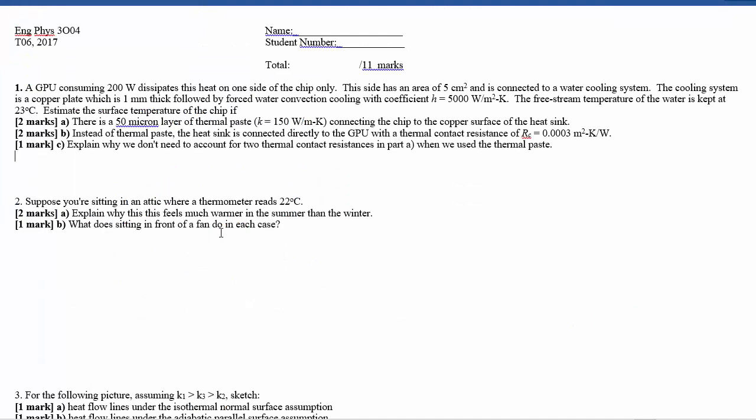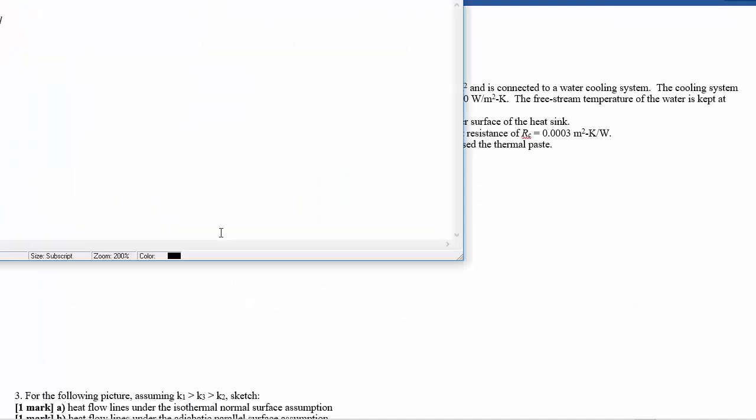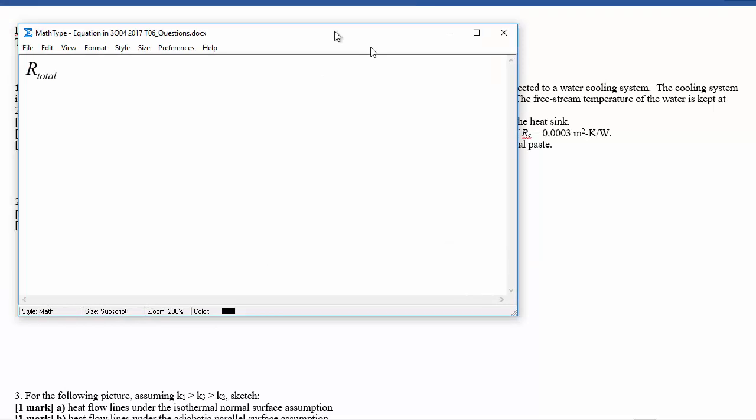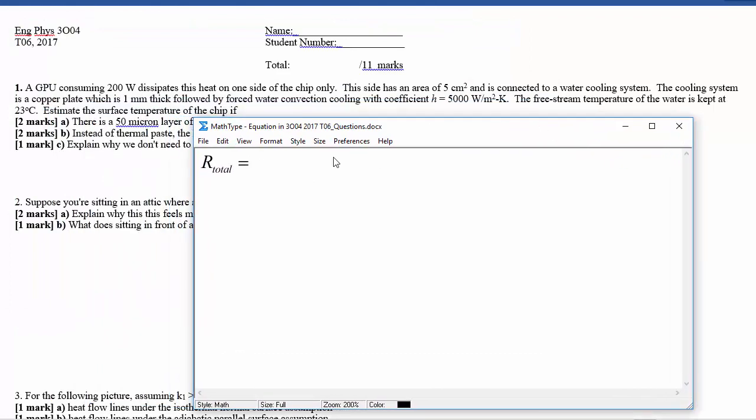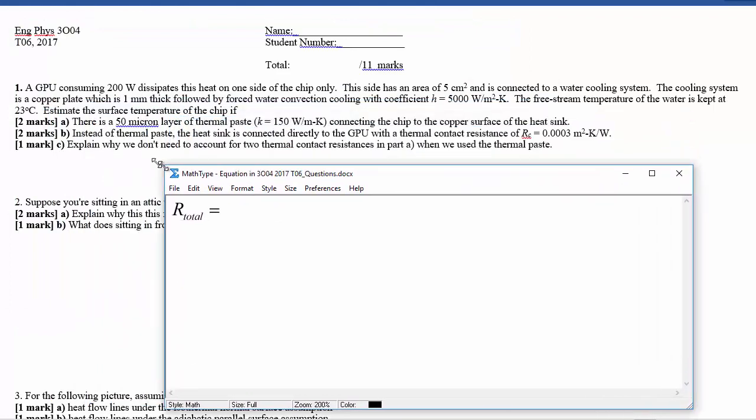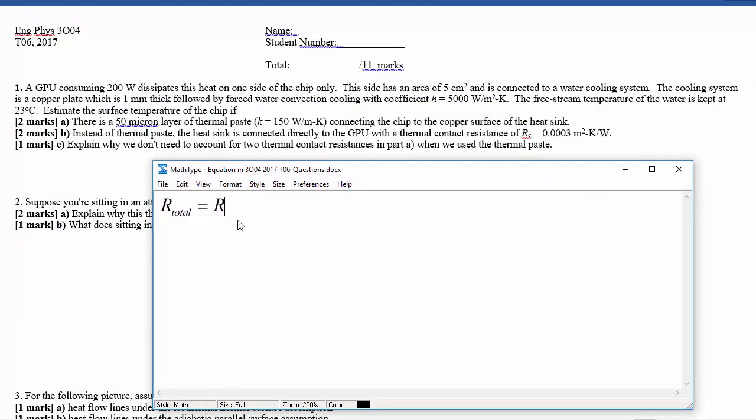So we can say the total resistance would be equal to, depending on the situation, the resistance of the paste. And let's see, do they tell us anything about the copper plate?